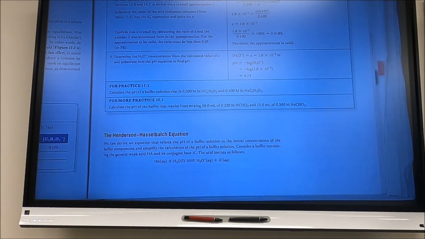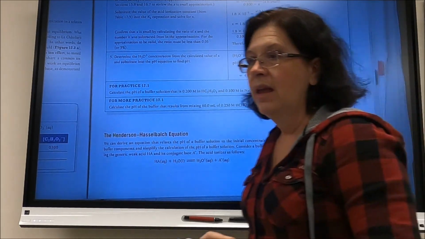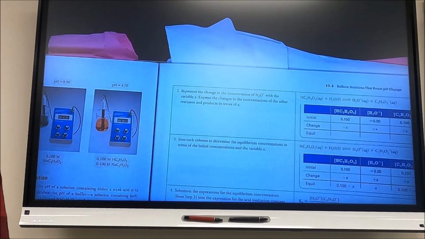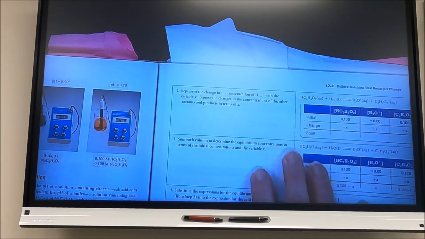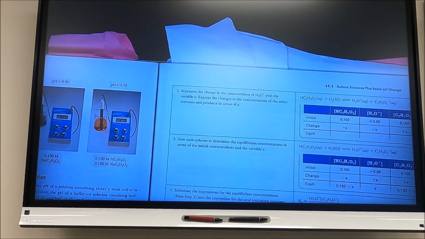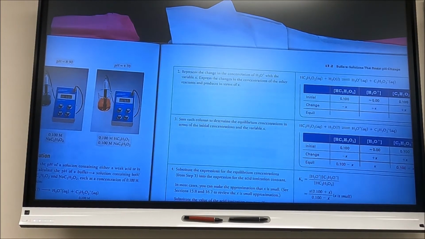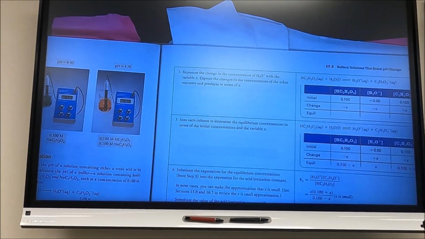Now, since we're dealing with acetic acid, I need to look up the Ka for acetic acid. The Ka for acetic acid is 1.8 times 10 to the minus 5. All right, so let's work.